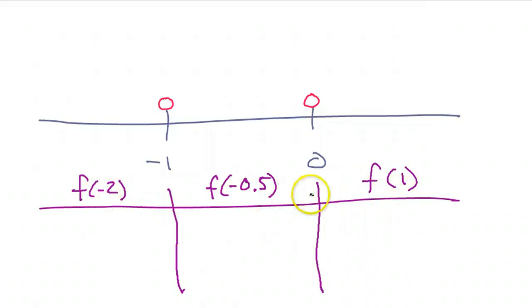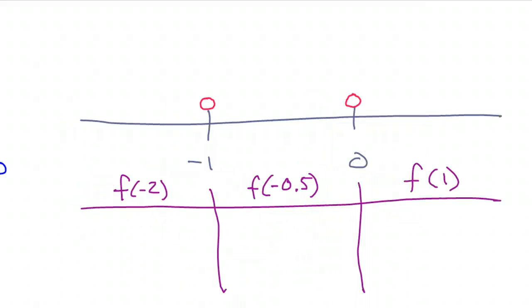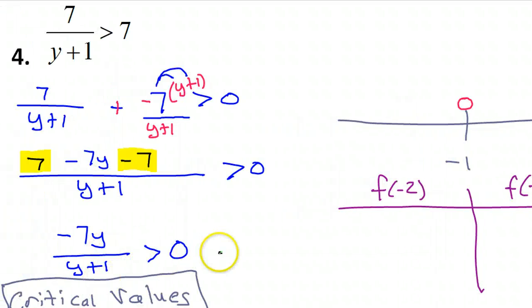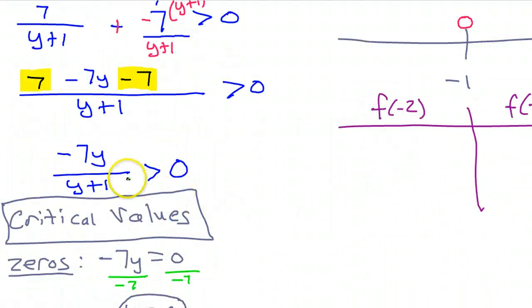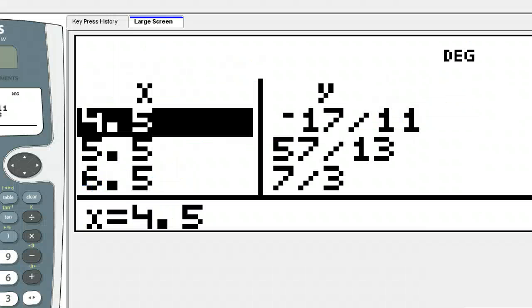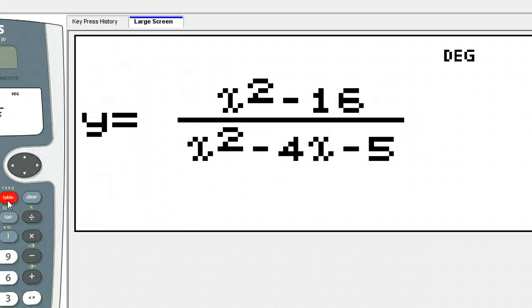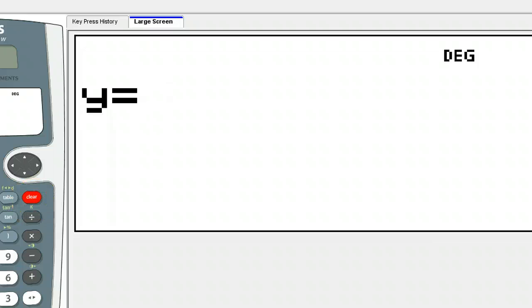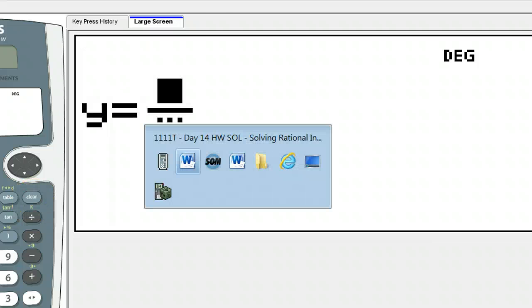Alright, so I'm going to evaluate the function at each of these values, but to do that, I am going to use this version of the function right here. Okay, negative 7y over y plus 1. To the multi-view, hit the table button. Okay, go into fraction mode.